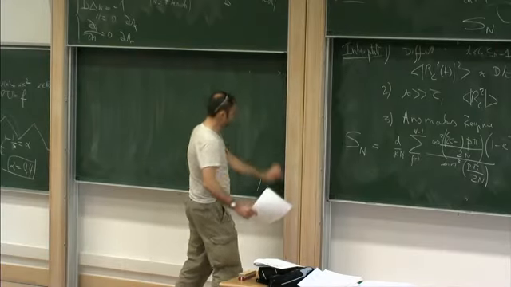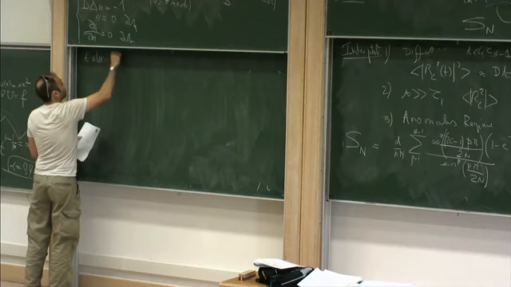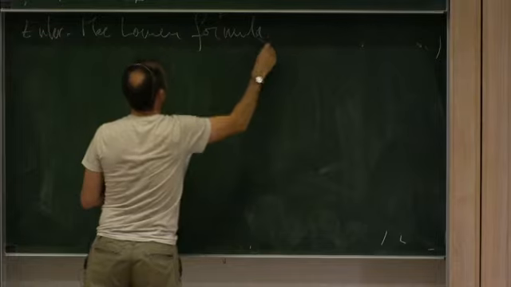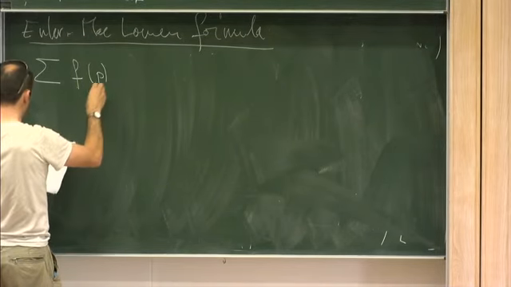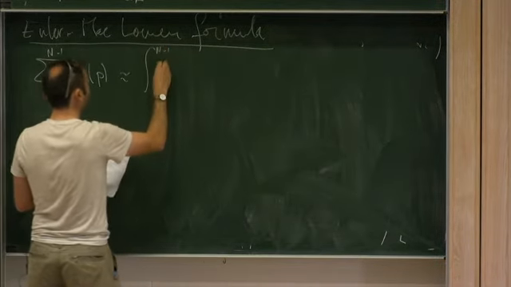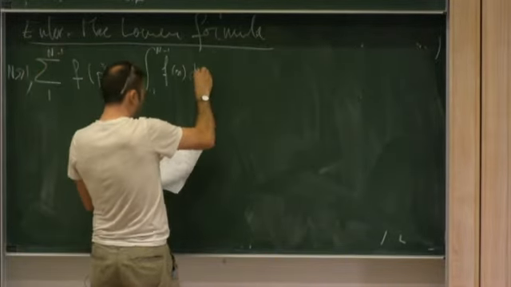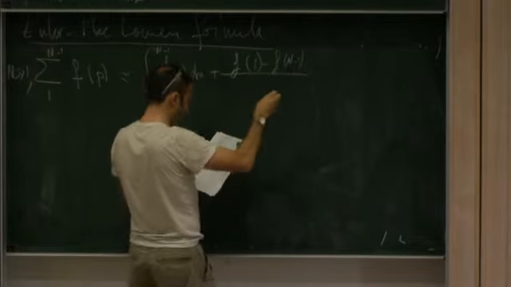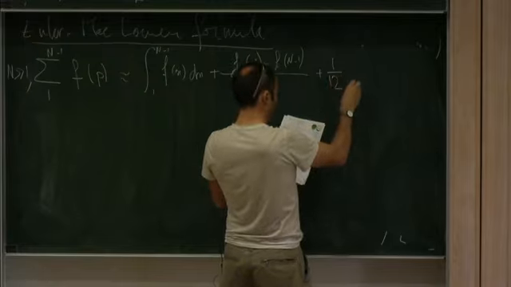So let me remind you what it is. If we have the sum of a regular function f of p from p equals 1 to n minus 1, when n is sufficiently large this can be written as the integral from 1 to n minus 1 of f of x dx, plus a residual term: f of 1 plus f of n minus 1, and this was found by Euler and other people some time ago, plus 1/12 f prime of n minus f prime of 1.